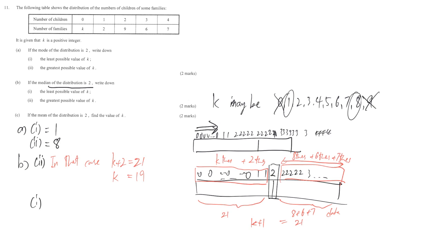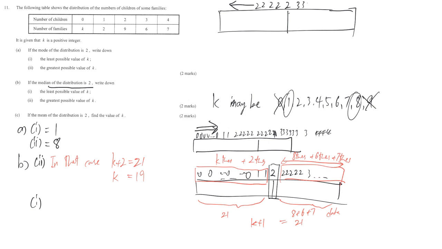Similar reason. To make 2 be the median, we may think about k here squeezed to the minimum value. So 2 here and some other 2 here.